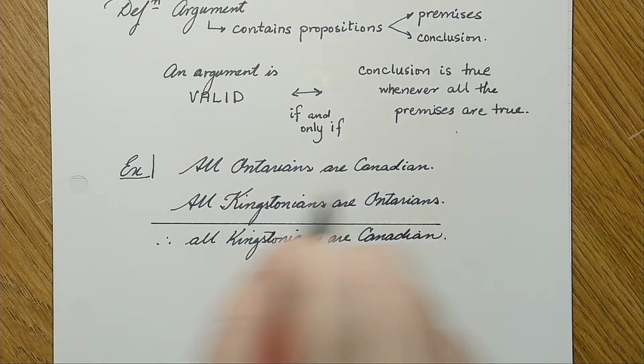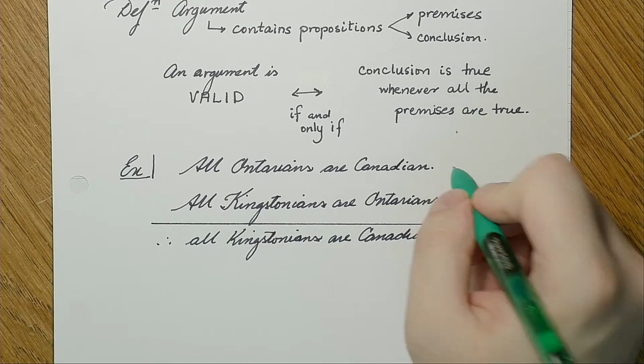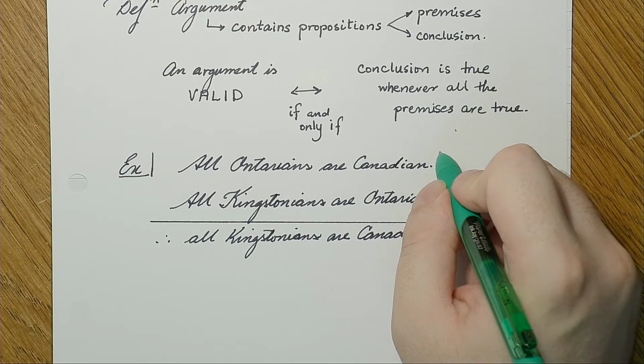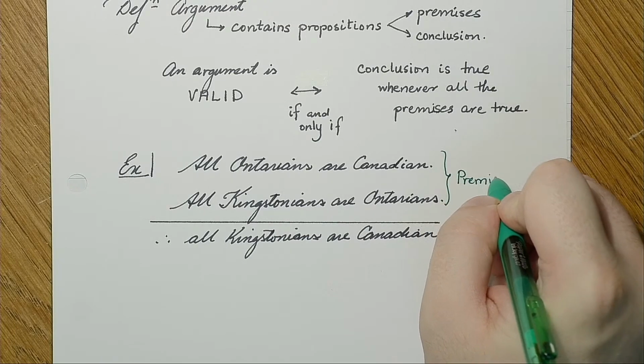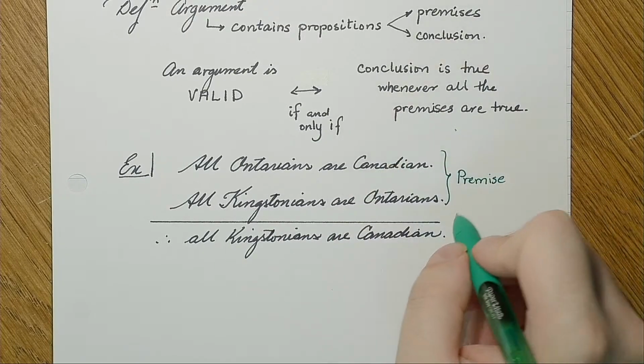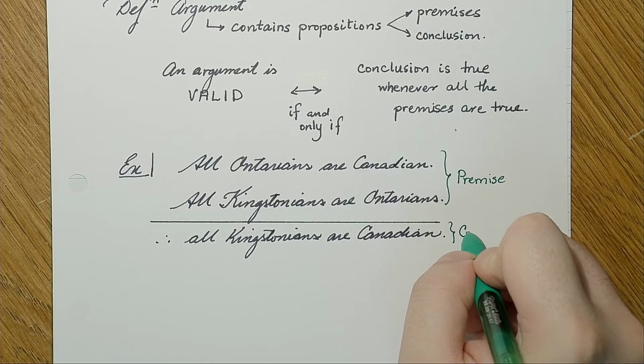So I'll draw this line. So these are called the premises. So this is an argument that we've written out. And down here is the conclusion.